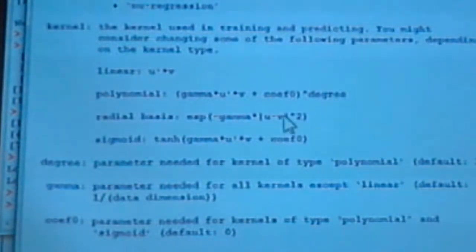Let me scroll down a little bit. So I mentioned the C classification problem, the nu classification problem. And the kernel function linear is the inner product of the 2 vectors, u transpose v. For polynomial, we have this gamma: gamma times the inner product of the 2 vectors plus some constant coefficient, raised to power d.